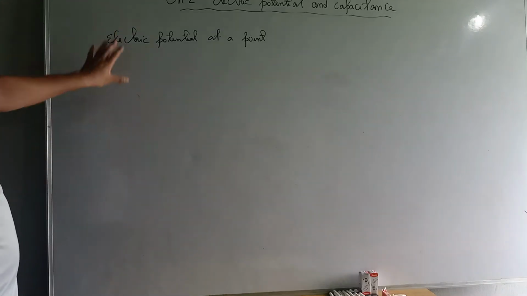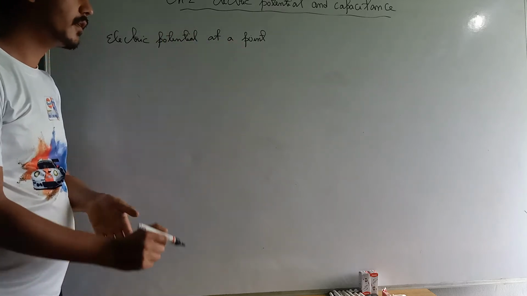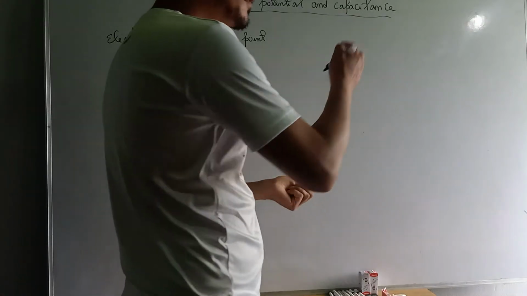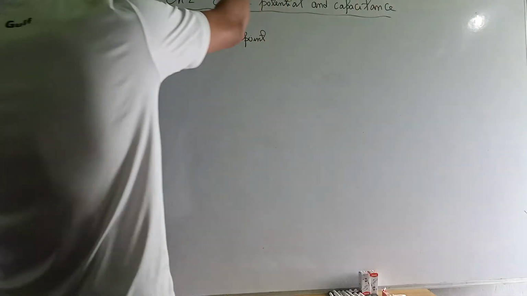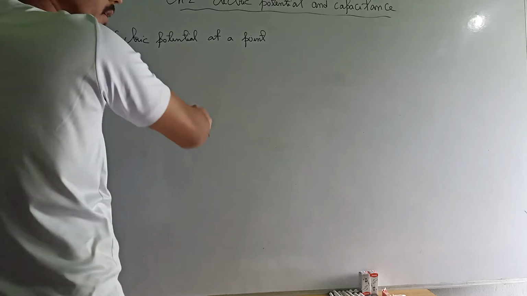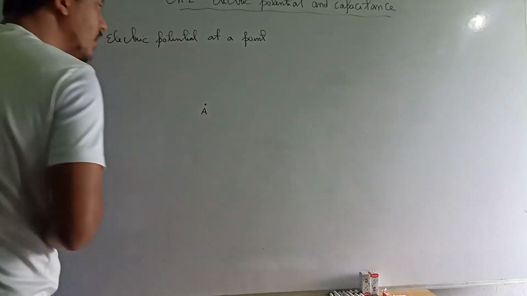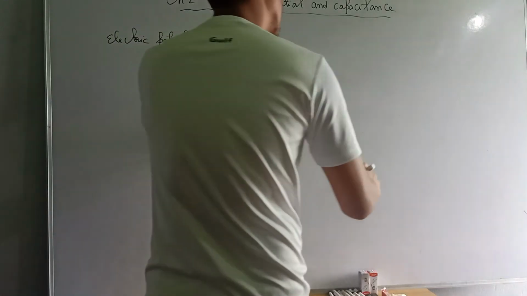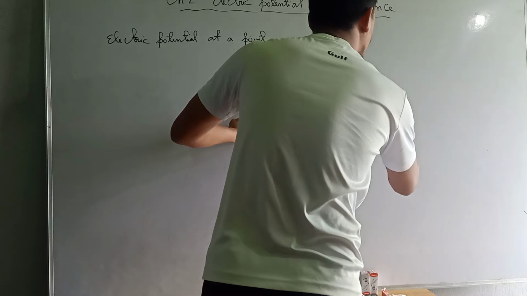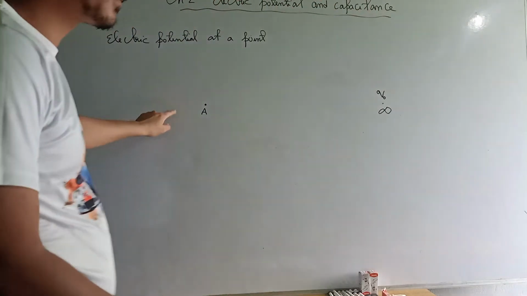So you want to define what is the electric potential at A. That means you have to bring the test charge from infinity to that particular point.